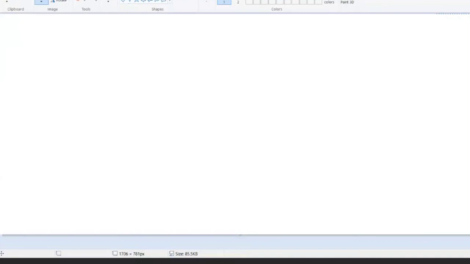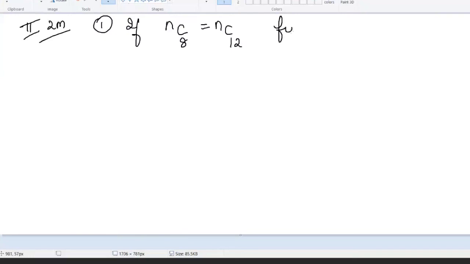So coming to second Roman number, 2 mark question. In this, first one, if nC8 is equal to nC12, find n, that was a 1 mark question. Now it is 2 mark, no? See what is asked to find. Find nC5. So I have to find n first from this concept, and that n you substitute here.